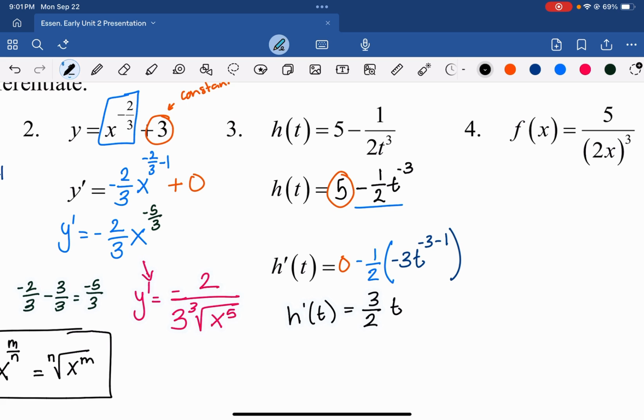So we get t to the negative 4. Okay. So that's the derivative of 5 minus 1 over 2t cubed is equal to 3/2 t to the negative 4th, or 3 over 2t to the 4th power.